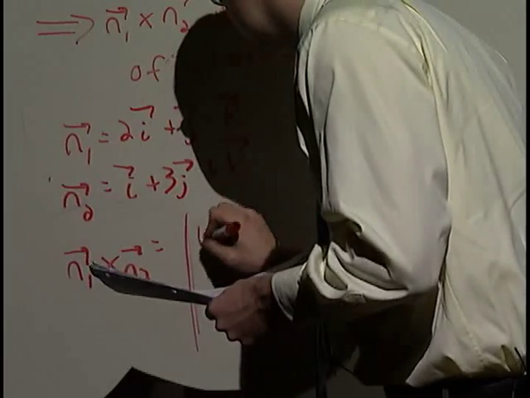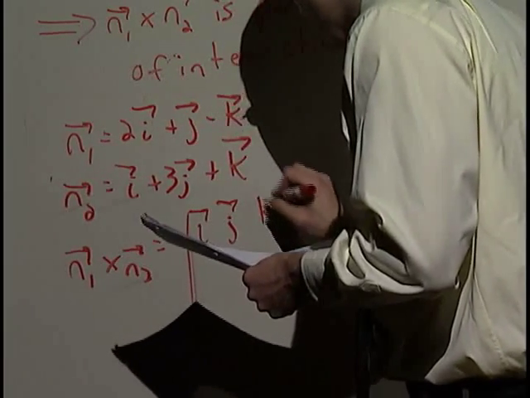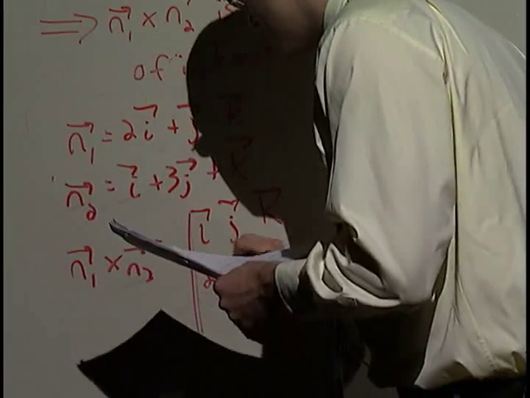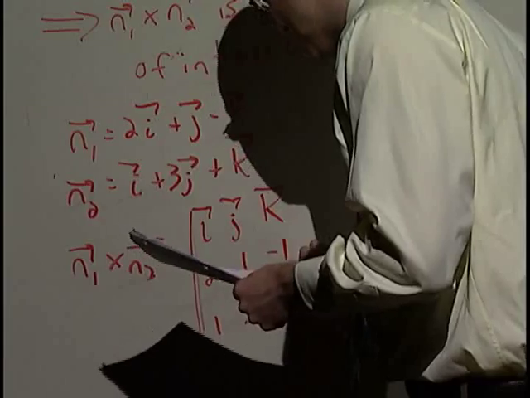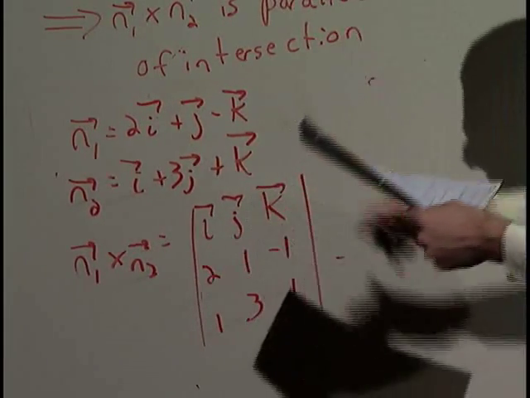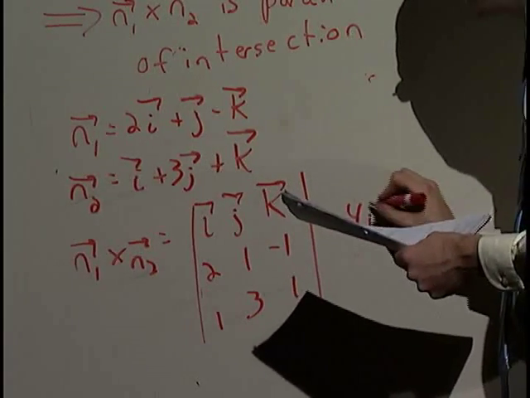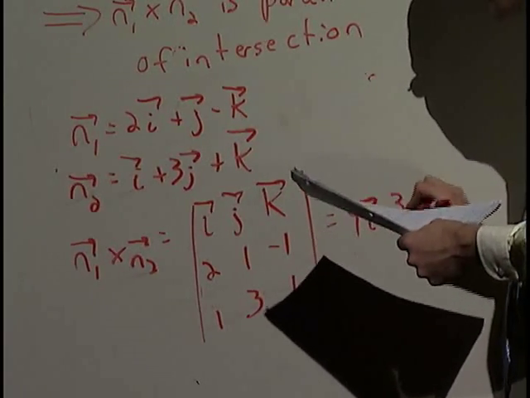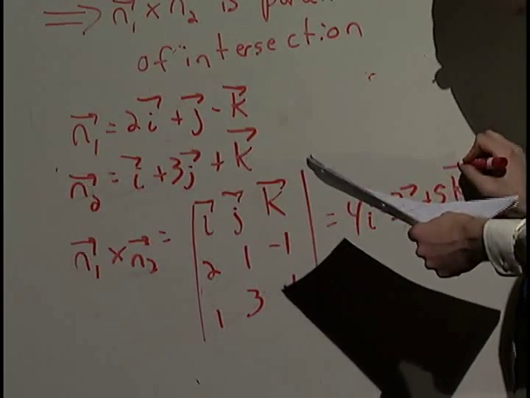So again, I'll spare you the details here and take a leap of faith and hope that my calculations are correct. So 2, 1, negative 1, 1, 3, and 1 is our determinant. That shouldn't be there, but you get the picture. And if all works out properly, that should give you 4i minus 3j plus 5k.